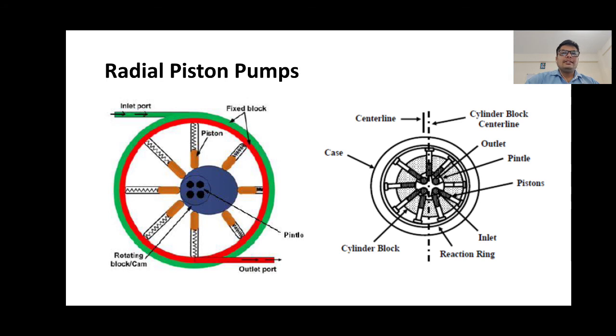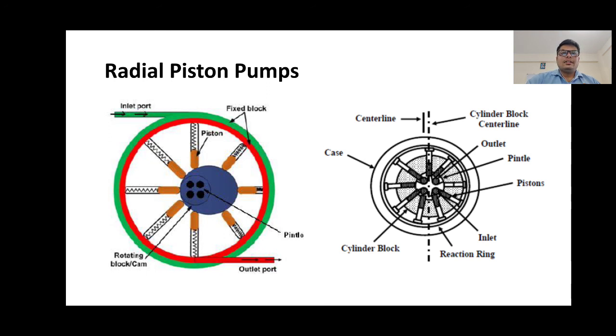Each piston is connected to the inlet port when it starts extending, while it is connected to the outlet port when it starts retracting. This connection to the inlet and outlet port is generally performed by the timed porting arrangement, and this arrangement is generally kept in the pintle.